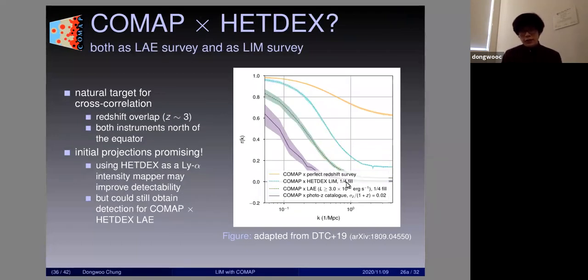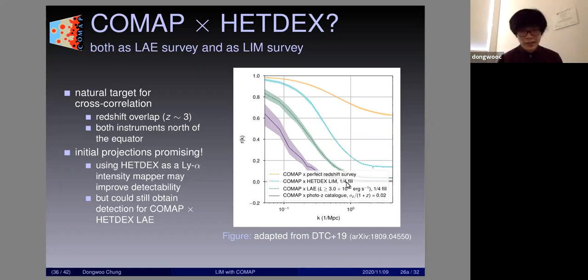So then we simulated cross-correlations against HEDDEX. Again, as I said, this is a natural target for cross-correlation based on the redshift overlap, and based on the survey footprint as well to some extent, which is easier to coordinate than exclusively an equatorial field. We did make some projections assuming HEDDEX could be used as a Lyman alpha intensity mapper. The survey strategy means in principle that could happen.